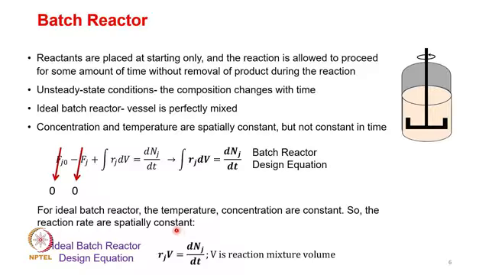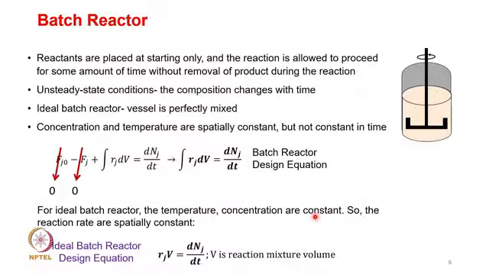The integral of Rj dV is equal to dnj by dt. Now if you assume that the rate is spatially constant, you can integrate dV separately by taking out the Rj. The eventual relation will be Rj times V is equal to dnj by dt, where V is the reaction mixture volume.